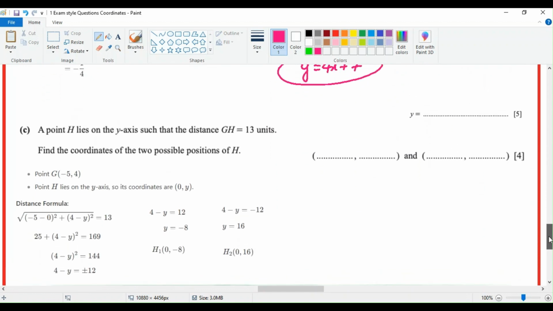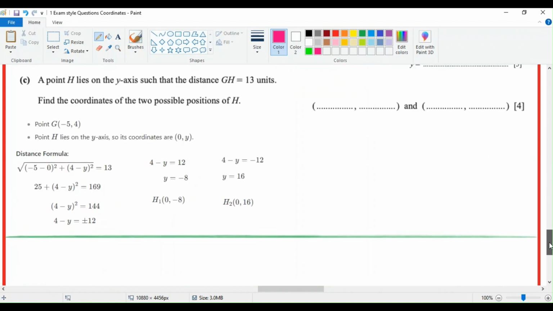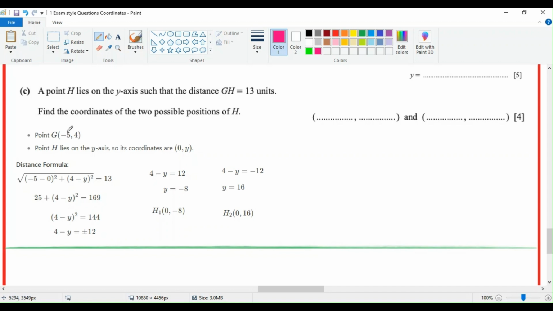Now it says point H lies on the y-axis such that the distance GH is 13 units. Find the coordinates of the two possible positions of H. Now I'm assuming that point G is (-5, 4), and point H lies on the y-axis, so its coordinates are (0, y).